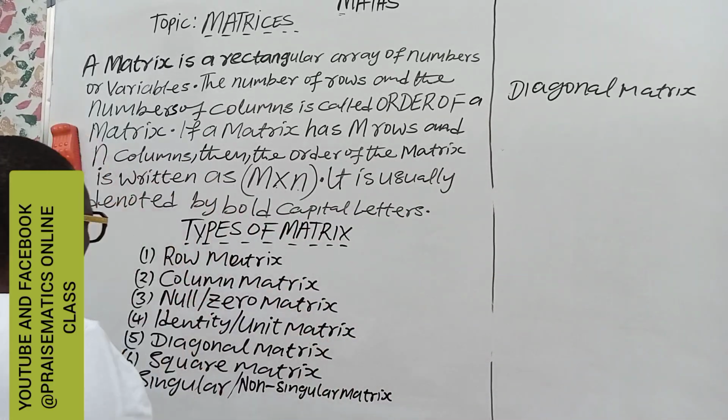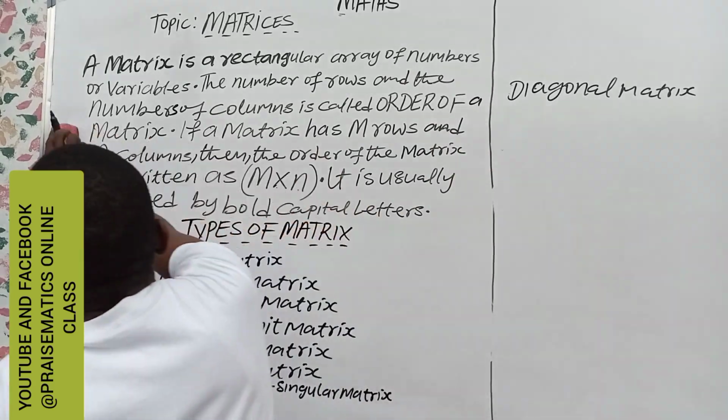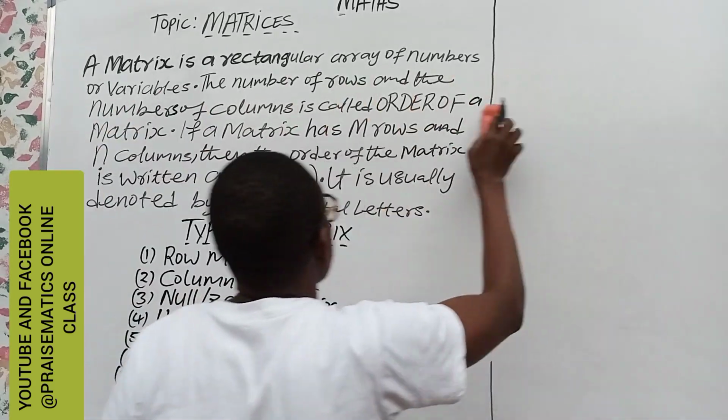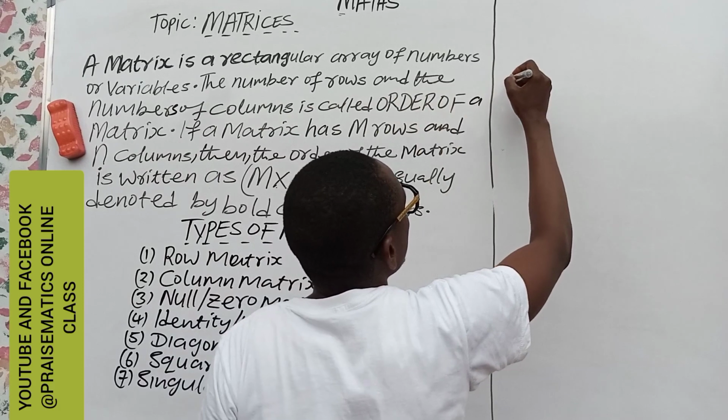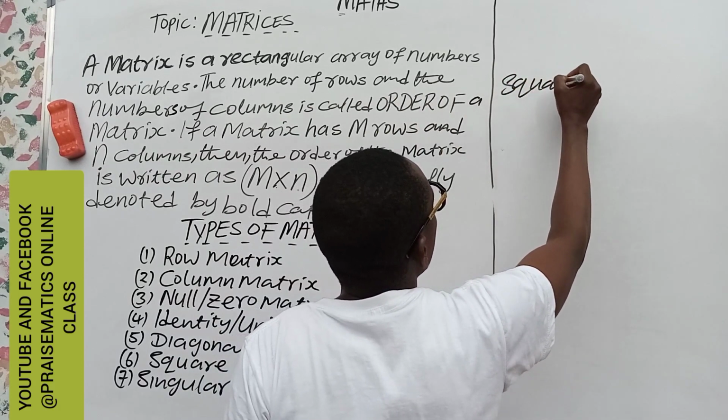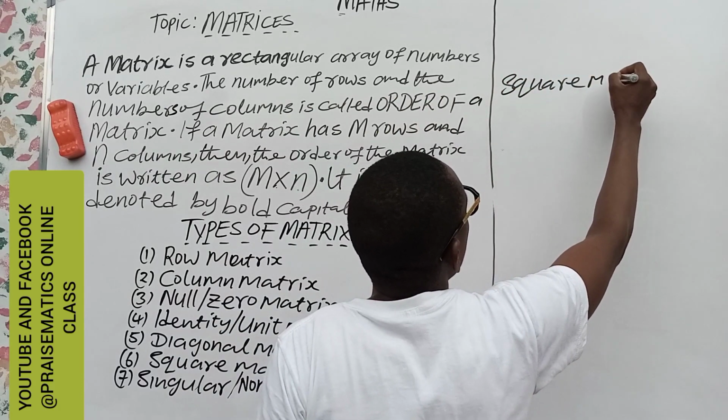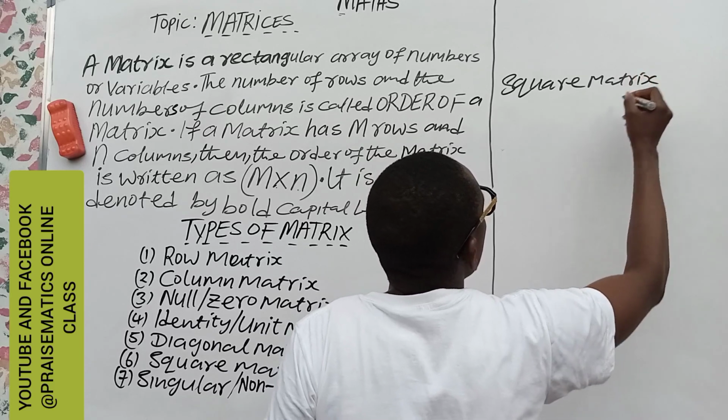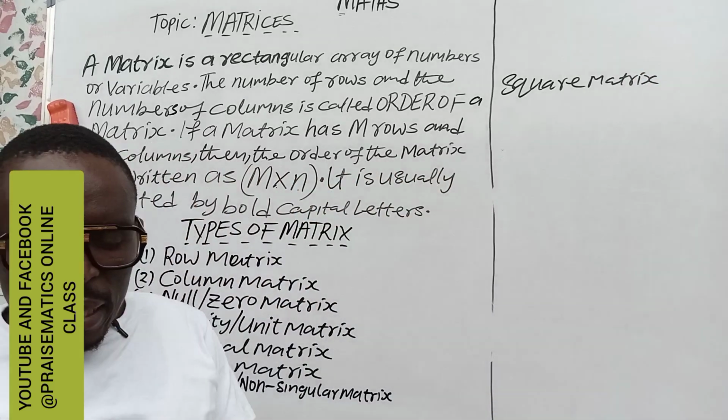Okay. Now let's look at the final one called square matrices. Square matrix. What is a square matrix?